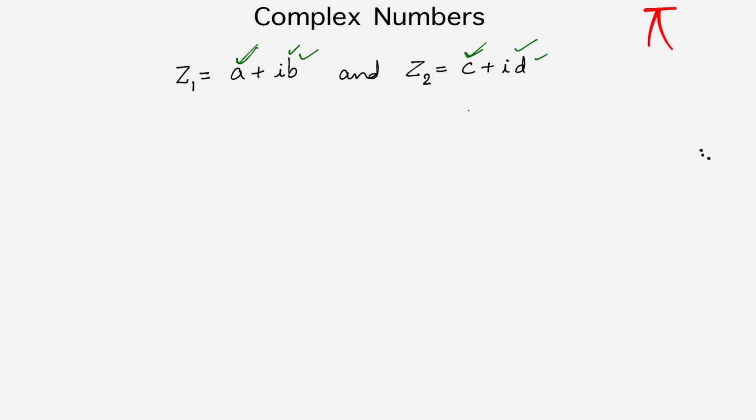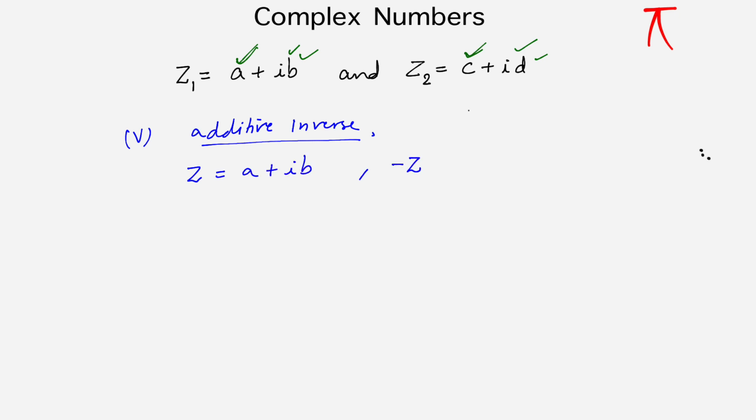And then the last additive property or law is the existence of additive inverse. This is quite interesting. So there is one additive inverse of a complex number. So if Z is equal to A plus iota B, there is something called minus Z, which is nothing but just negating the whole complex number.